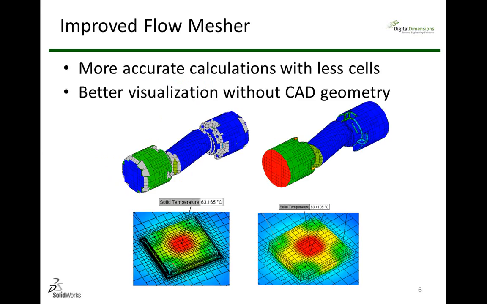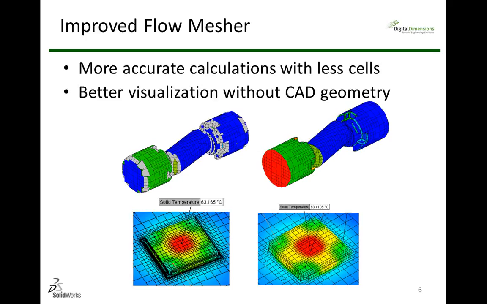Another area of improvement has been the mesher inside of Flow Simulation. In previous releases, we had partial cells that were simplified by slicing off sharp edges or corners, such that we interpolated between one face and the other, causing our models to be a little less exact.